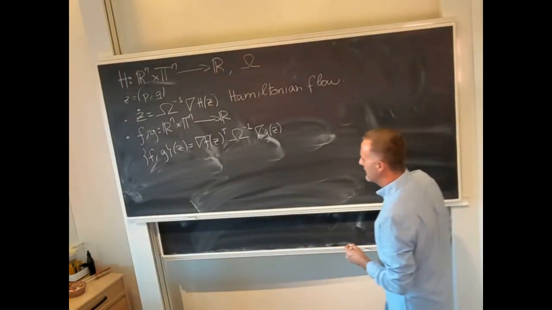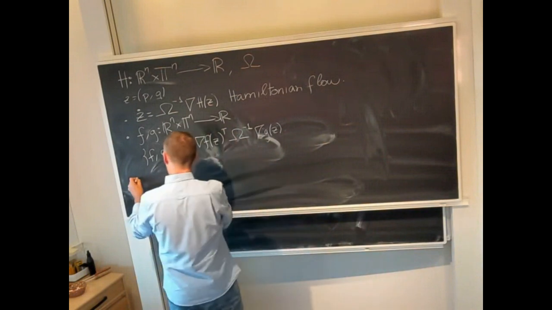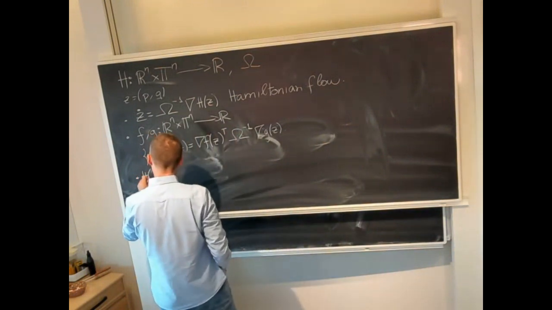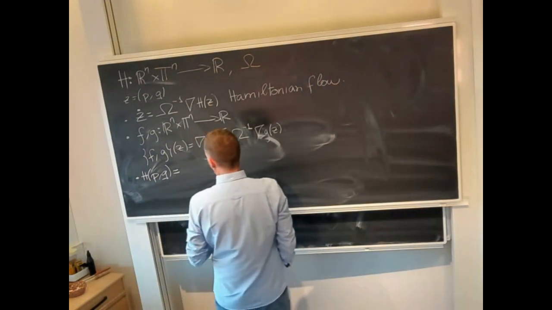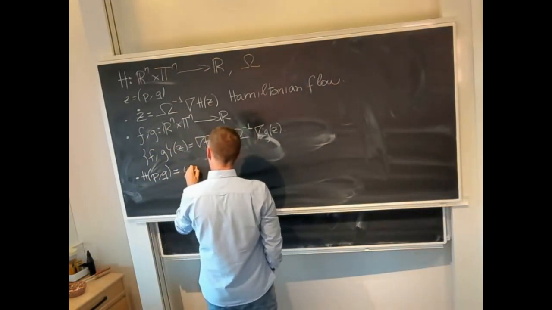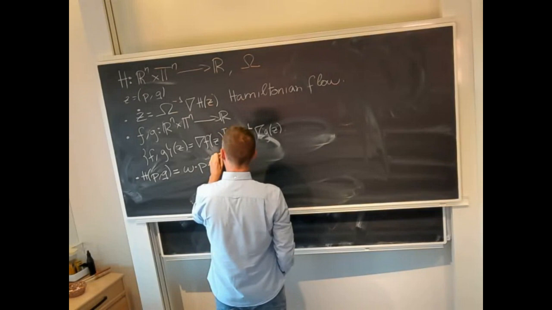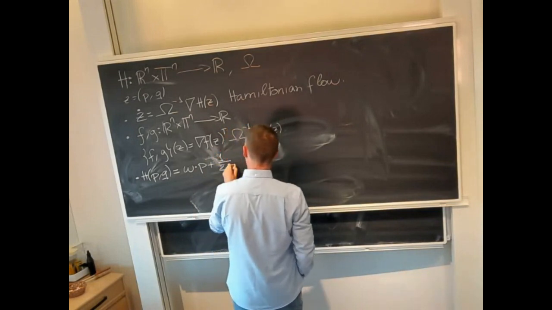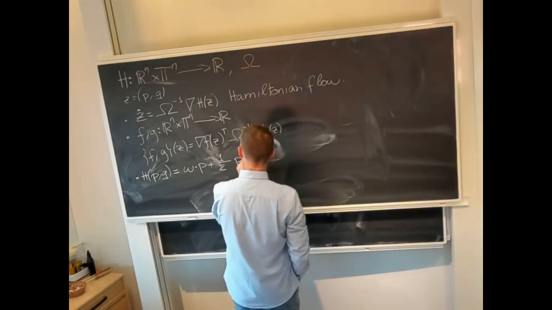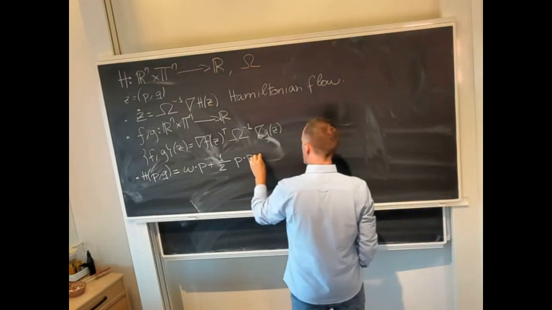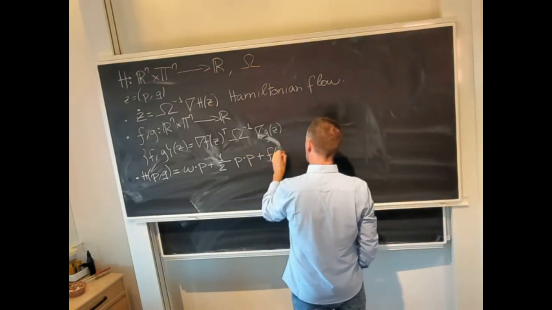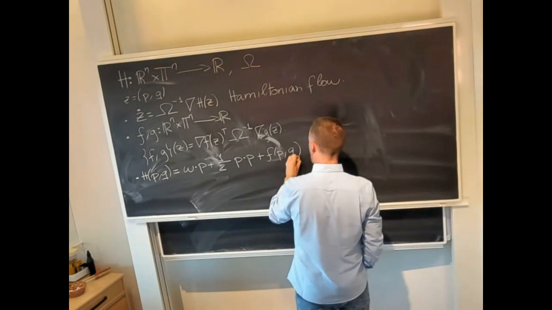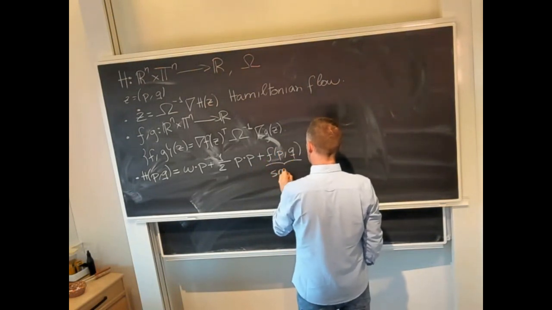A typical Hamiltonian that one is interested in studying is of the form omega times P plus a half P squared plus something small.